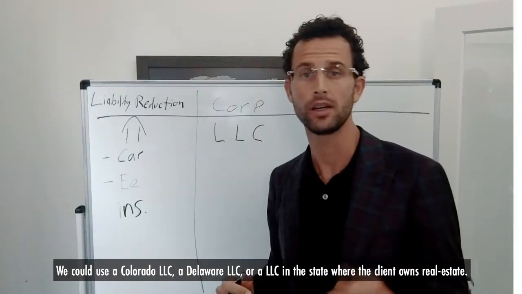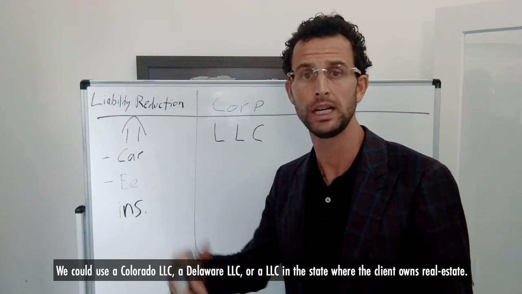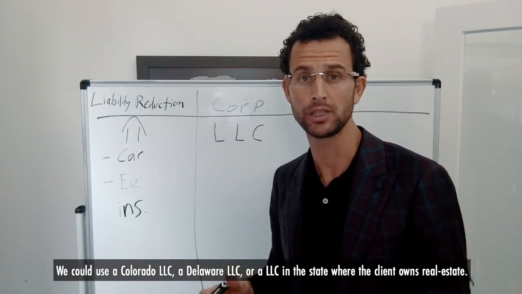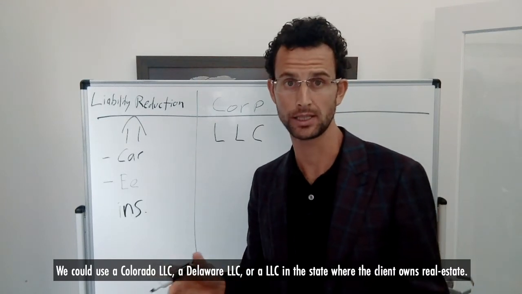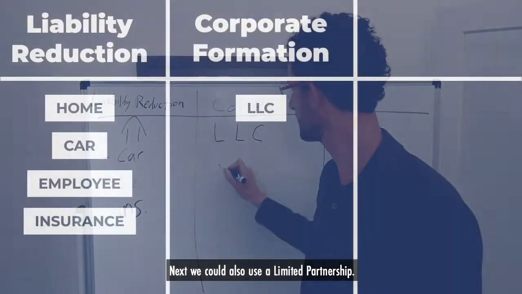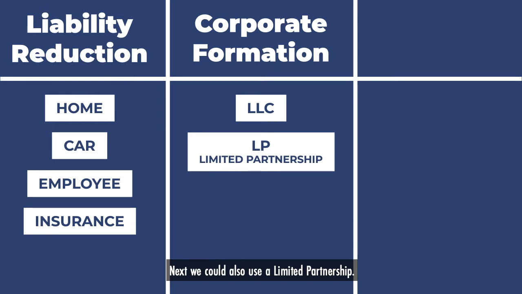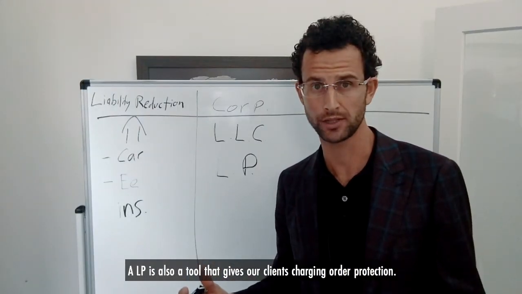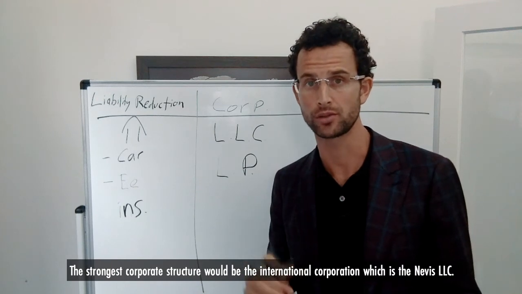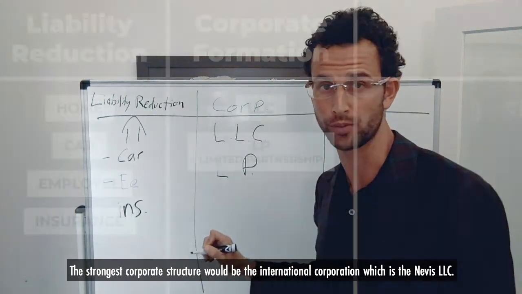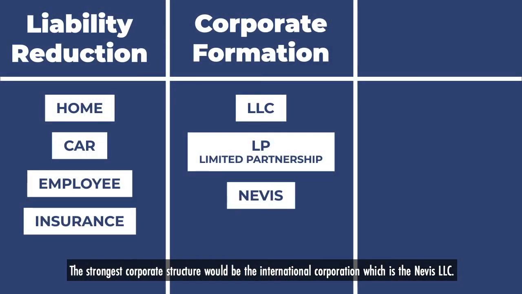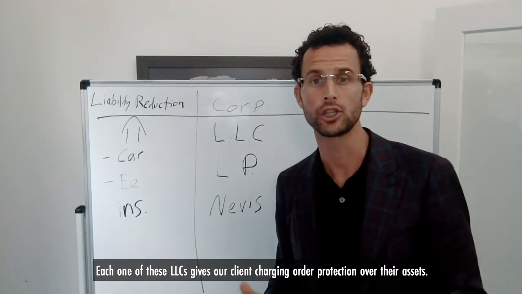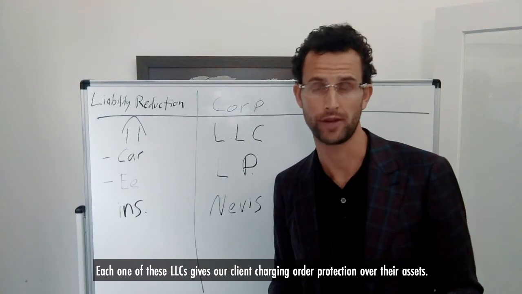We could use a Colorado Limited Liability Corporation, a Delaware Limited Liability Corporation, or a Limited Liability Corporation in the state where the client owns real estate. Next, we could also use a limited partnership. A limited partnership is also a tool that gives our clients charging order protection. The strongest corporate structure would be the international corporation, which is the Nevis LLC. Each one of these LLCs gives our clients charging order protection over their assets.